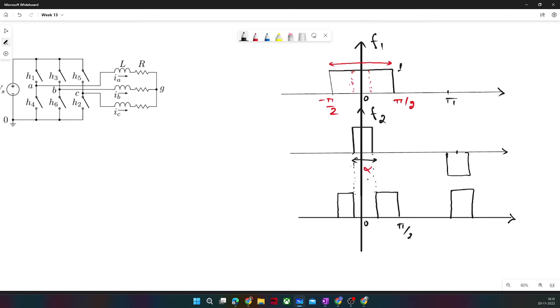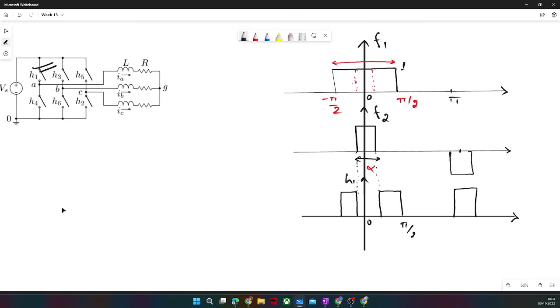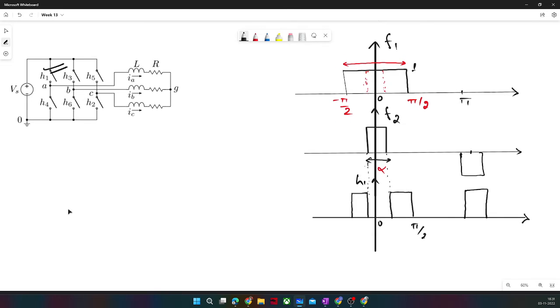And to opt how to calculate Fourier series of this kind of waveforms, let us name it H1. We are giving this kind of pulses to this switch, H1. So by the help of that switching function, it would be very helpful just to do some arithmetic calculation, and you will be ready with your Fourier series. Okay?